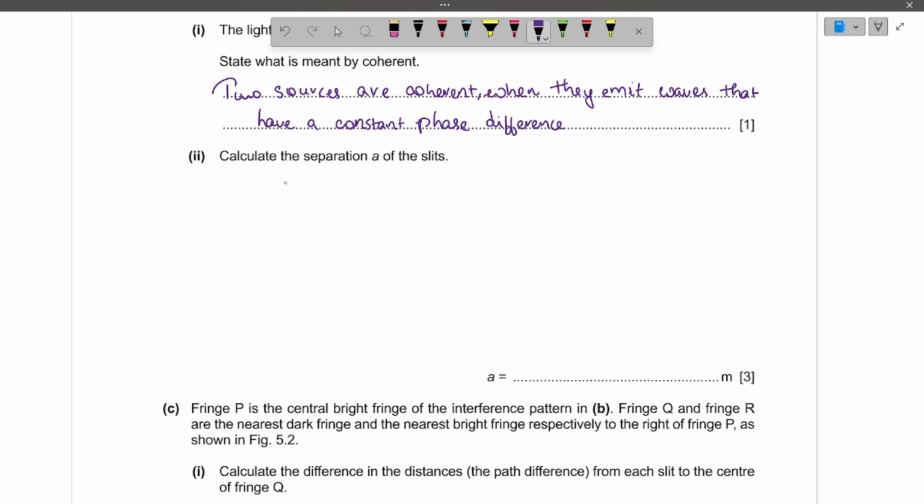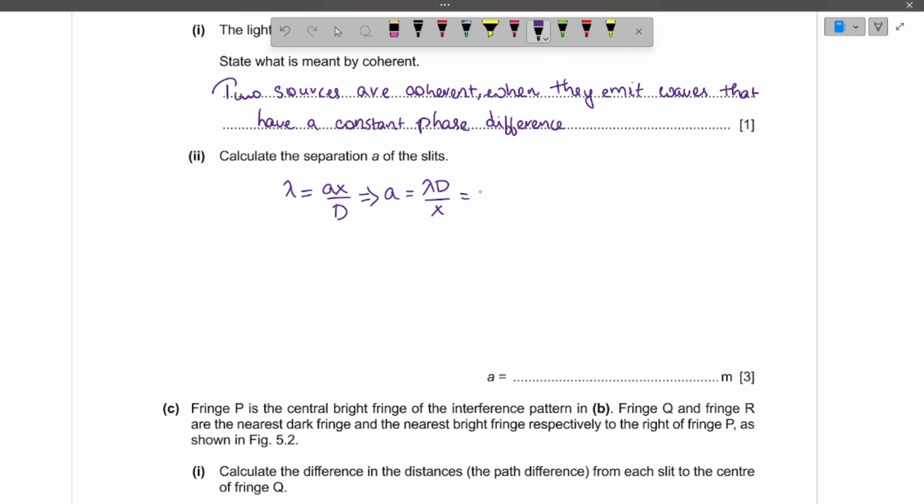So the second part is, calculate the separation a of the slits. You may use the formula lambda is equal to a x over D to find this a value. You may rearrange, so you'll get a is equal to lambda D over x. Here lambda stands for the wavelength, D is the distance between the double slit and the screen, and x is the distance between 2 bright fringes, which we calculated before.